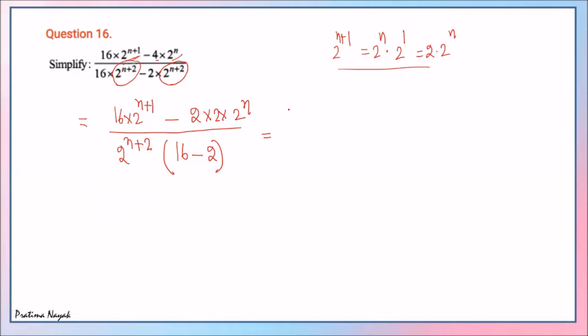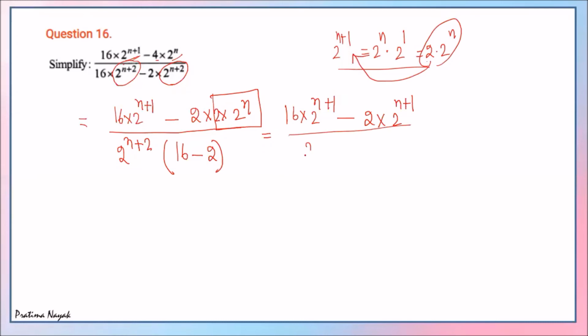In the next step, I write 16 into 2 to the power n plus 1, and for the second term, I'll take these together. 2 is free, and this will become 2 to the power n plus 1, as I have written here. 2 into 2 to the power n plus 1 will become 2 to the power n plus 1. Upon, now a little bit I can simplify. 16 minus 2 is 14.